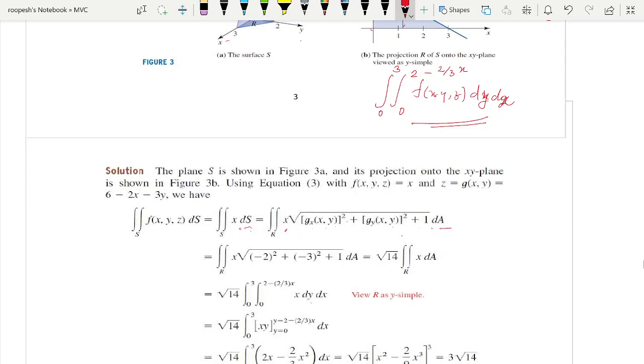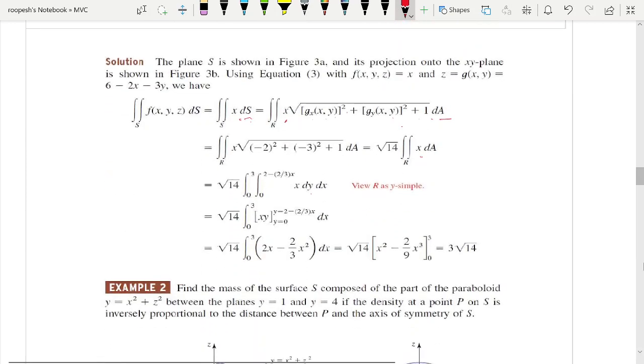See here, we're given everything. When you are finding the limits for that region, it comes as from 0 to 3 and 0 to 2 minus 2 by 3 x. That's the thing we have noted.